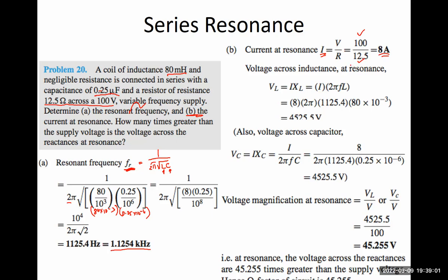Okay? So the voltage across inductance at resonance, so that is VL. So VL now would be equal to IXL. Okay? So remember that this is ampere and this is resistance. Okay?